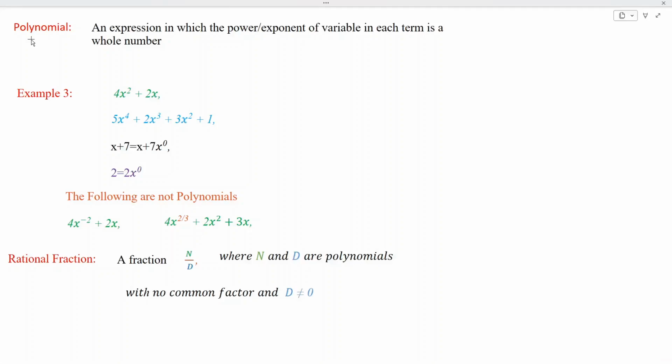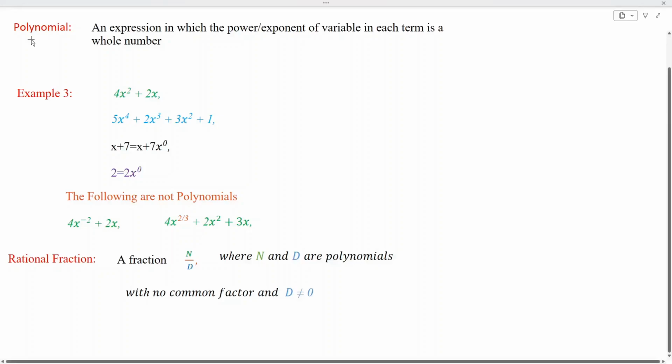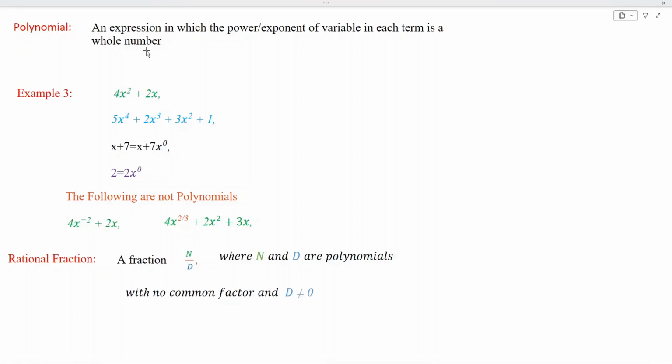It is a particular type of expression. By particular type of expression we mean that in that expression the power of variable in each term will be a whole number. The whole numbers start from 0. In other words, 0, 1, 2, 3, 4 and so on are whole numbers.